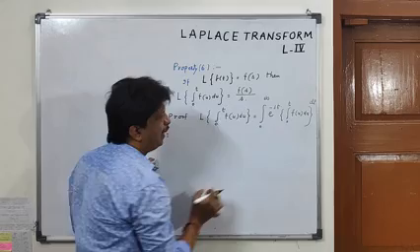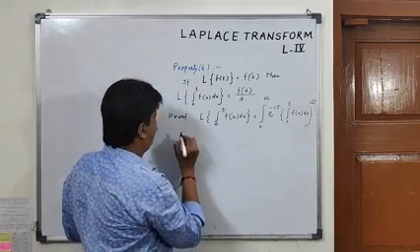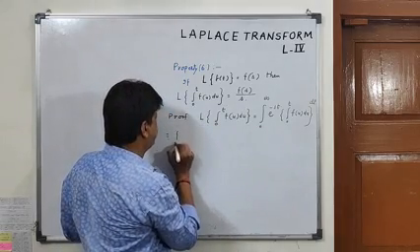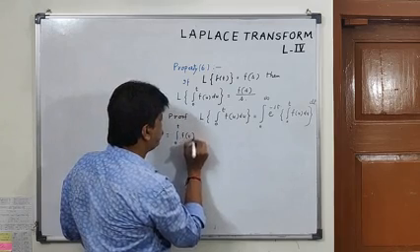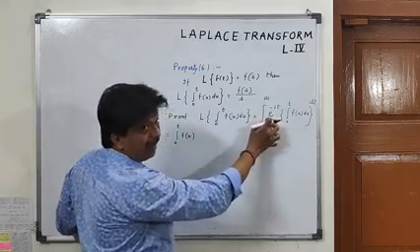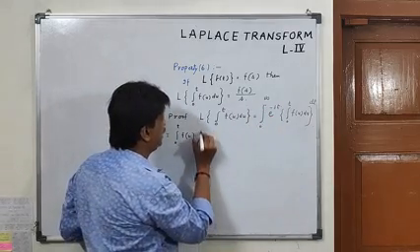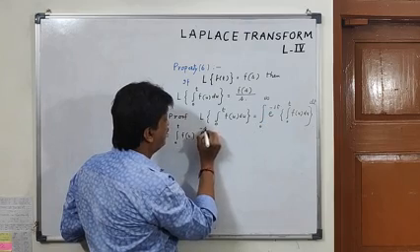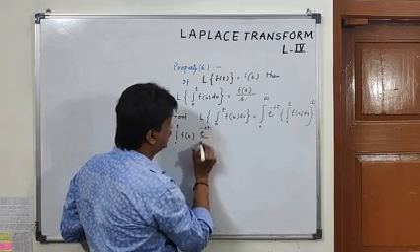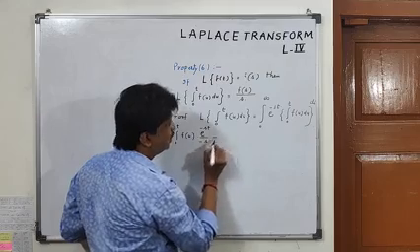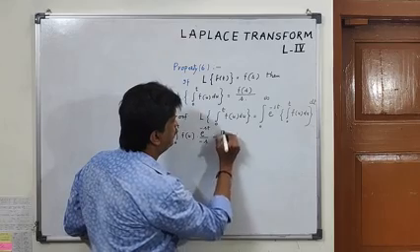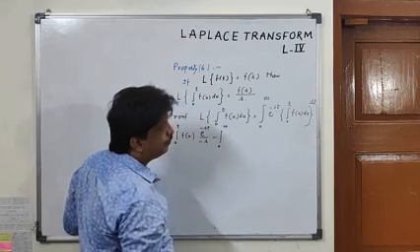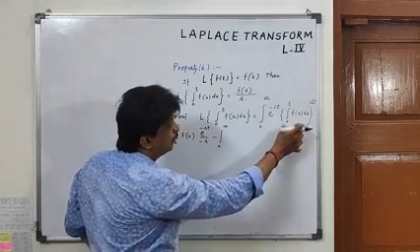So first function integral 0 to t f of u du into integral of e raised to power minus st is e raised to power minus st upon minus s, minus integral 0 to infinity, the derivative of first.